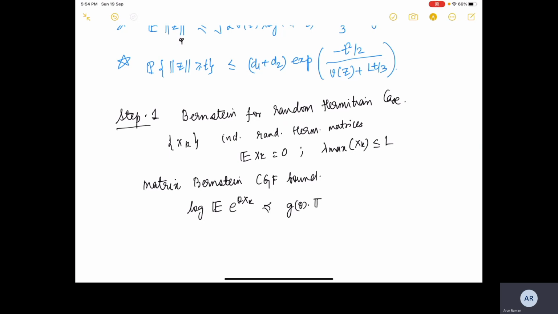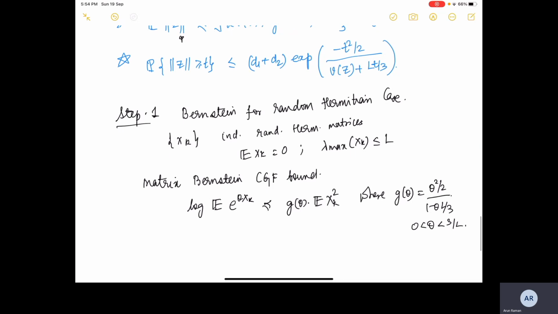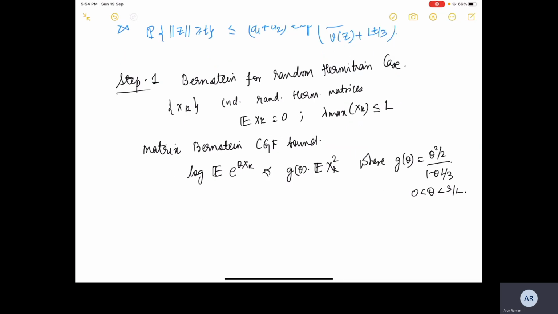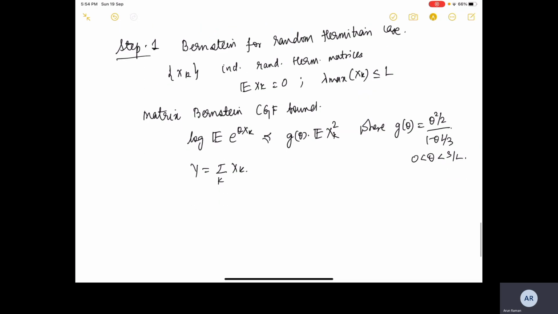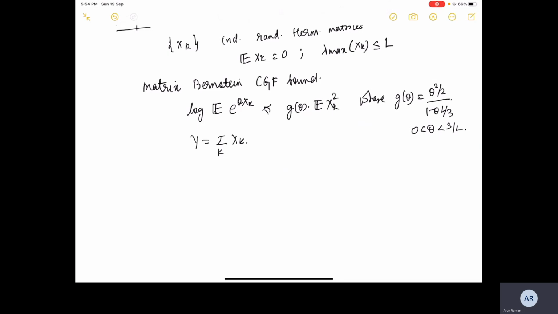It says g of theta times expected value of Xk square, where g of theta is equal to theta square by 2 divided by 1 minus theta L by 3, with the consideration that our theta satisfies this relation. Let Y be equal to the summation over all k of Xk. Then the proof follows the flow of the matrix Chernoff bounds.